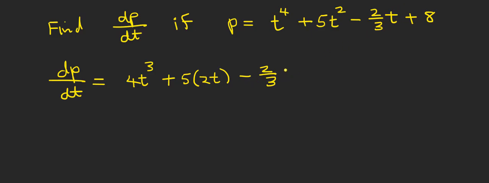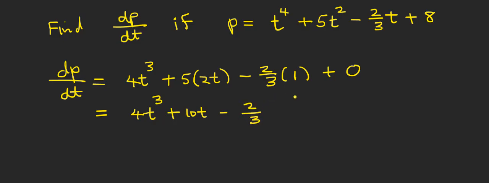So negative 2/3 times, what's the derivative of t? Since n is 1, you're going to get 1 times t to the 0, and t to the 0 is 1. And what's the derivative of a constant? It's 0. So you end up getting 4t to the third plus 10t minus 2/3.